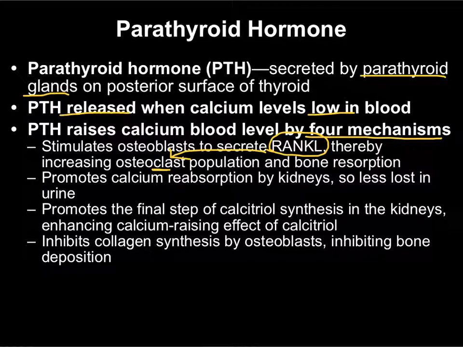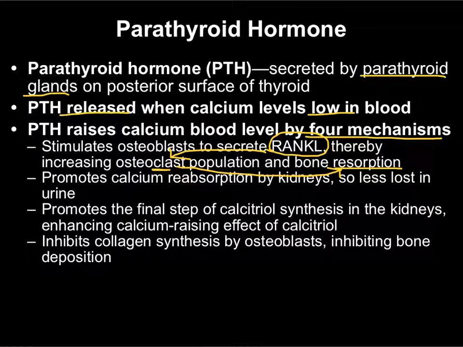More osteoclasts means more bone resorption. And remember that bone resorption is when you dissolve bone. If you dissolve bone, then the calcium that was on the bone has to go somewhere.